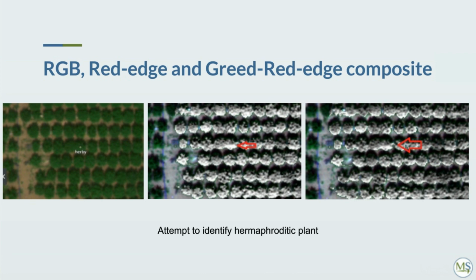And so what he did was he made a composite using the green layer and the red edge layer to try to basically isolate that plant even further. And so on the far right side is essentially the result. So you're getting a little bit more clarity on which plant is the hermaphroditic plant. I know this isn't a super satisfying case study, because as you can see on the far right side, it gives you a little more clarification on which plant is the hermaphroditic plant, but it's not super clear.